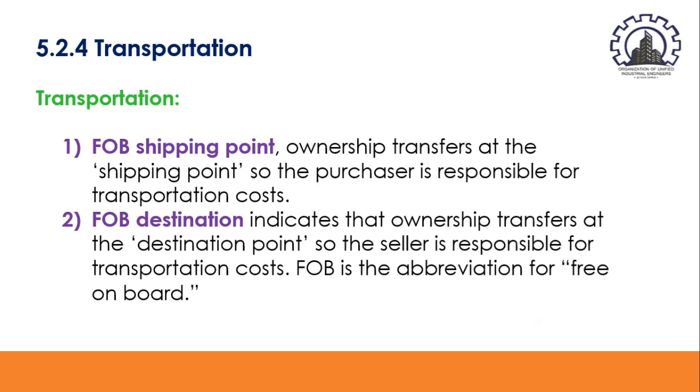On the other hand, FOB destination point indicates that ownership transfers at the destination point. So the seller is responsible for transportation costs. FOB is the abbreviation for free on board. All right. Now, in order for us to better understand this, let me give you an example.